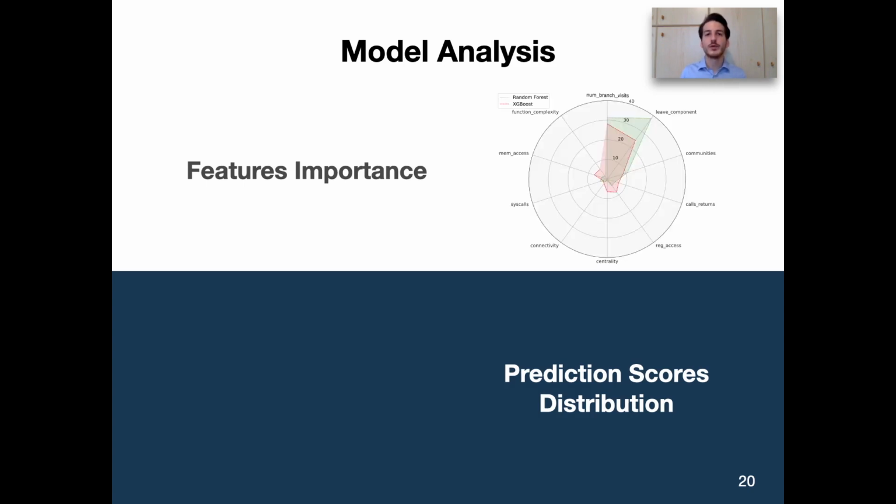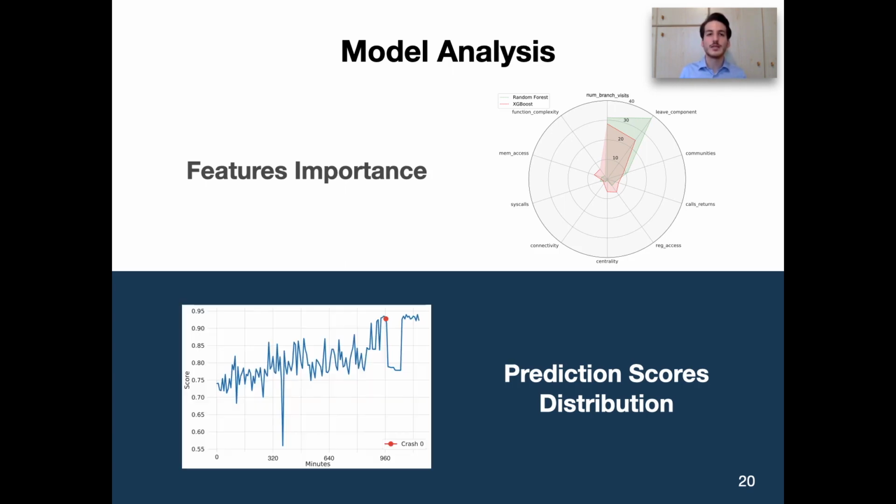We analyze and compare the feature importance for the XGBoost model and the Random Forest model, showing that some features, such as the number of branch visits and whether the branch is leaving the current connected component, are more important than others for the classifier's predictions.